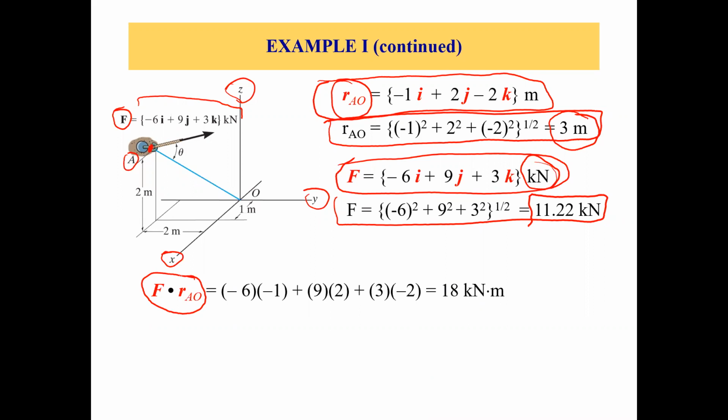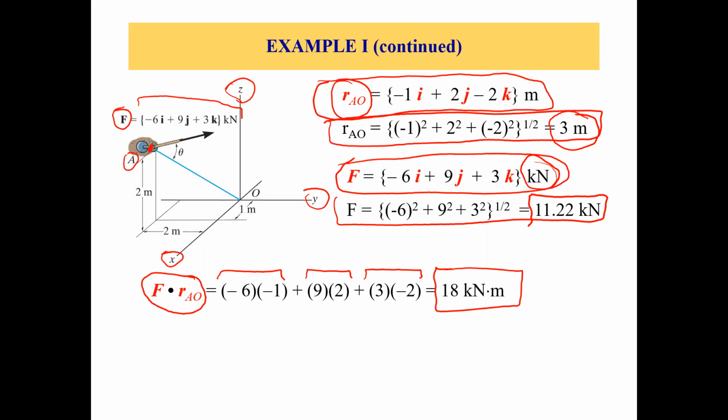So negative 6 times negative 1 plus 9 times 2 plus 3 times negative 2. This will give us 18 as the dot product between these two vectors. Again, the dot product gives you a scalar, so 18 is a scalar.